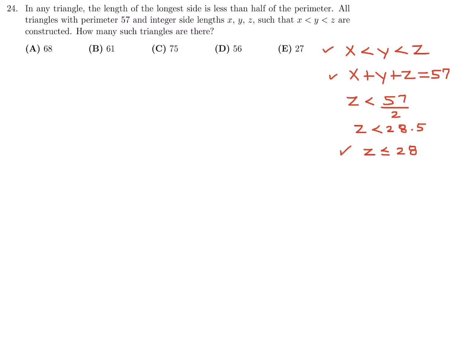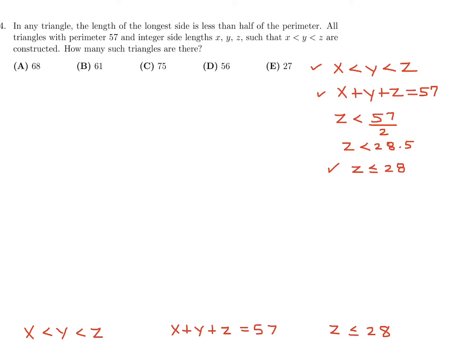Okay, so these are some very important rules that we are going to have to abide by when creating these triangles. So here we go. Let's just start with z equals 28 and just keep going down. Might as well make it easy. So let's look at the first one, which is when z is equal to 28.